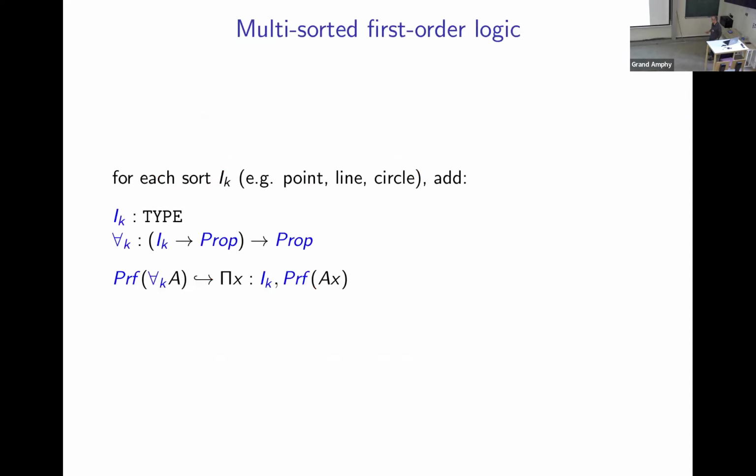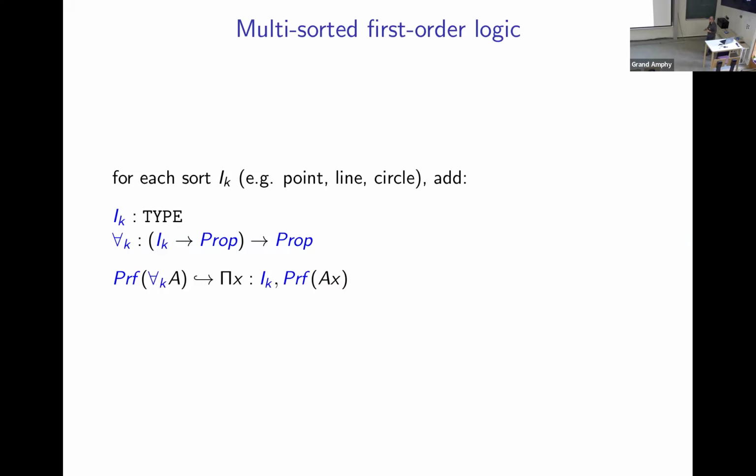Okay. So now we know how to handle first order logic, and now we are going to see how to extend this to handle other kinds of logics. So first thing is, what if we want to have several sorts? So multi-sorted first order logic.